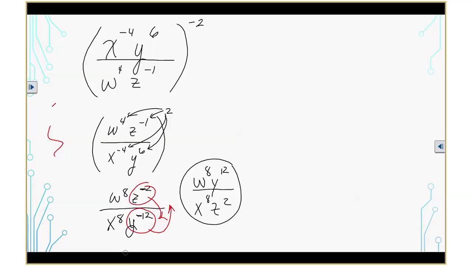Why are you just switching? I'll show you. Because if I wanted to expand this, it's w to the 8th over 1, z to the negative 2 over 1, 1 over x to the 8th, 1 over y to the negative 12. Now what?